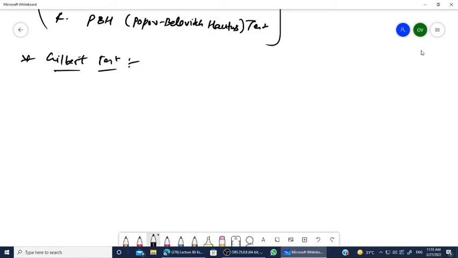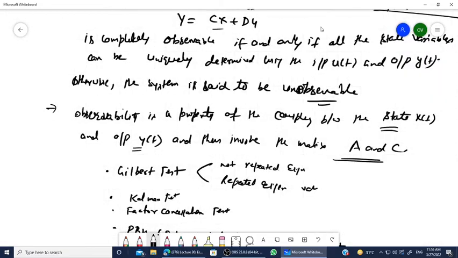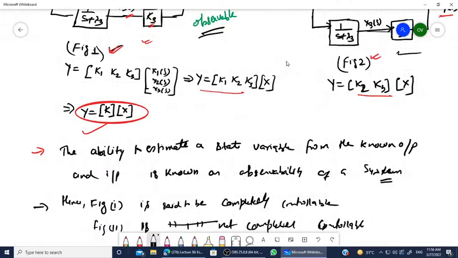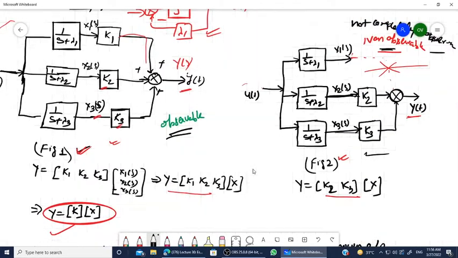In controllability we already have seen with the help of the Gilbert test how we have developed this criteria. This criteria basically depends upon the visualization of the figure. You can see here in these two pictures, one and two. In the second figure, the first state variable x1 is not connected with the output y(t).